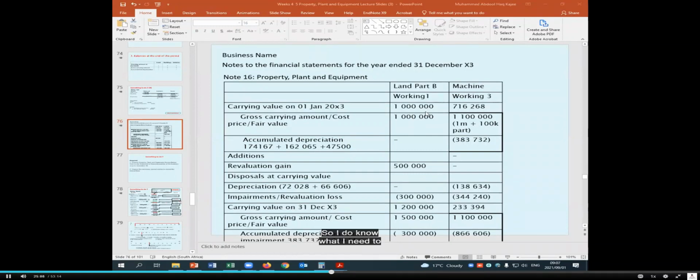Okay, so I don't know what I need to remember about that. Are you guys electing a class rep? I don't think I'm allowed to vote on that.